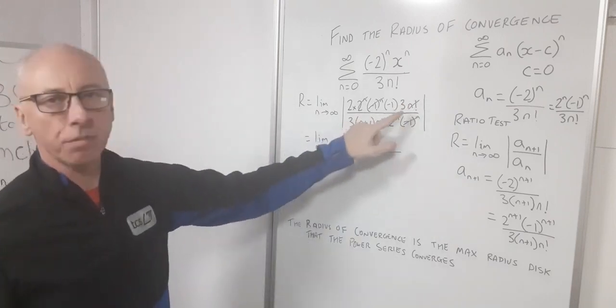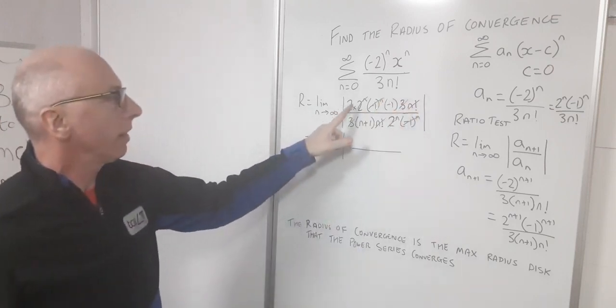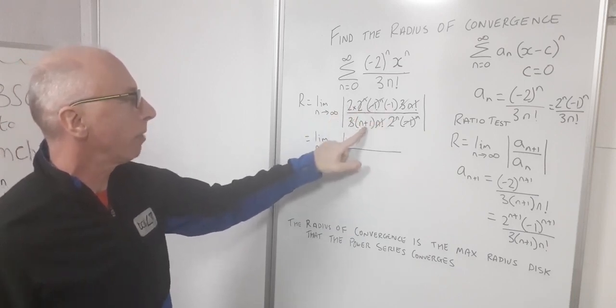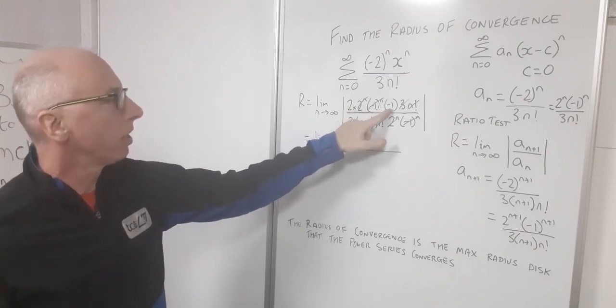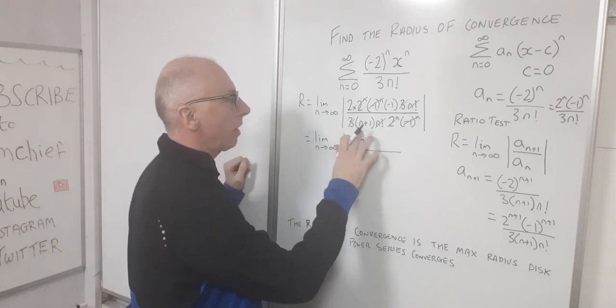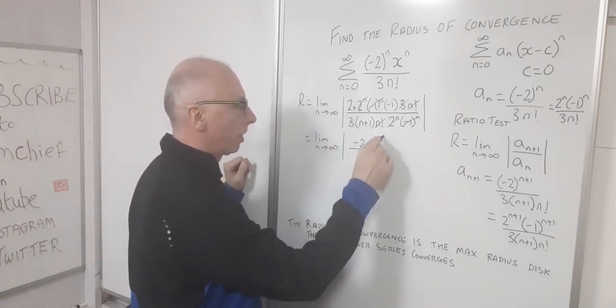And a 3 and a 3, great, cancel those. Now anything else I can cancel, I've got a 2 and a minus 1, and I've got an n plus 1. So that's all we're left with. So let's just do the multiplication on that. 2 times minus 1, so that's minus 2. And here I've just got n plus 1. And that is all I've got left.